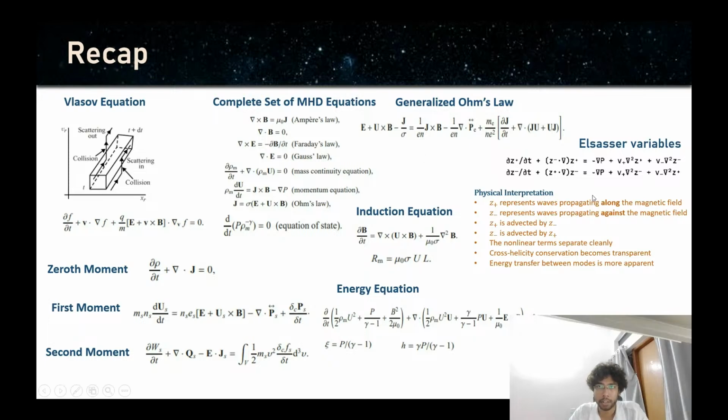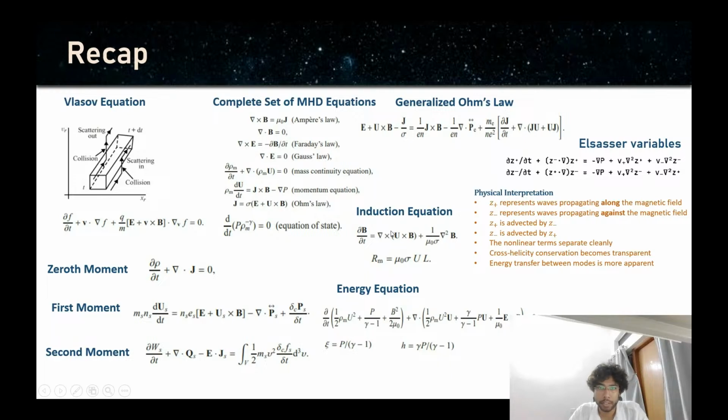We derived it in our previous lecture. We also derived the induction equation from Maxwell's equations. This induction equation is important in the sense that it talks about how the magnetic field evolves with time.